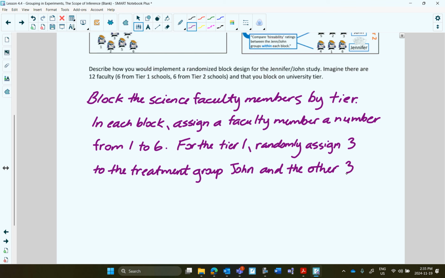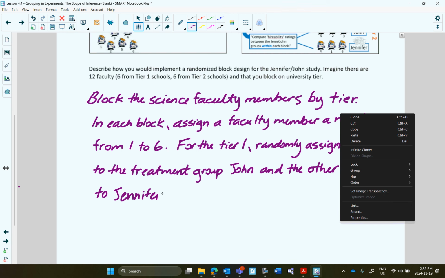The Jennifer group would be the control. Sorry, I'm just going to call it the John group, the treatment. They're both treatment groups in this case. There's no control group here in this situation.